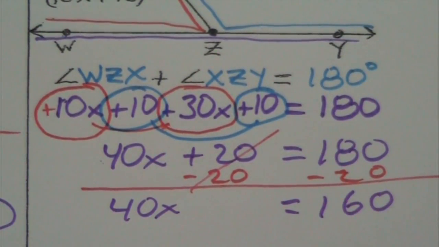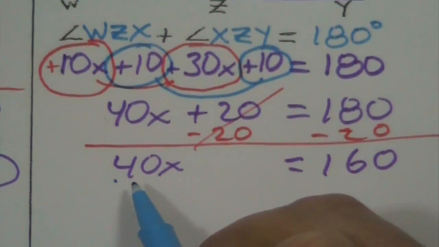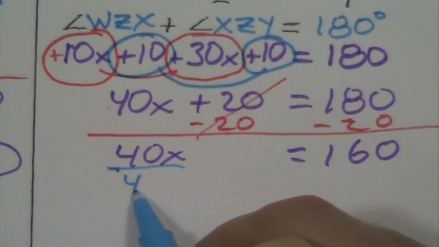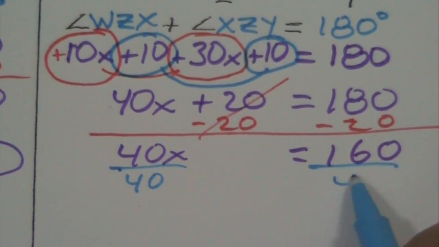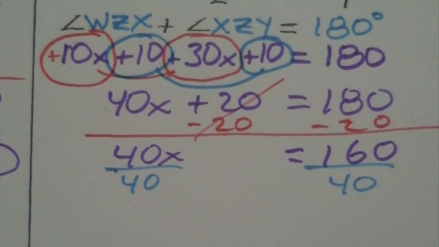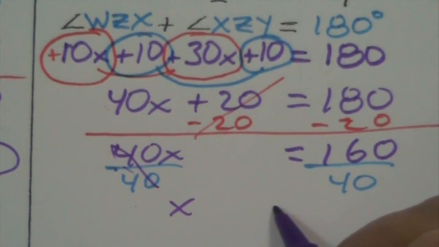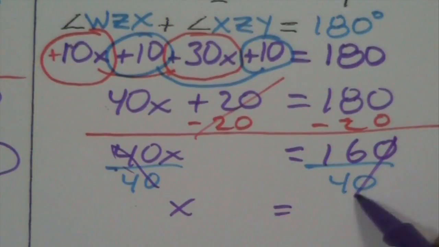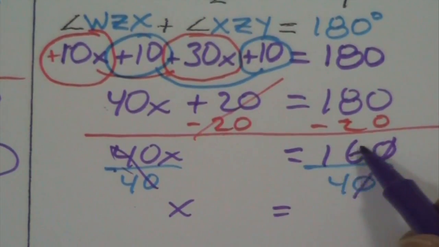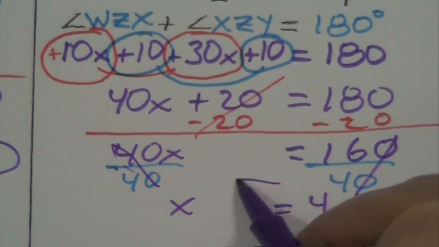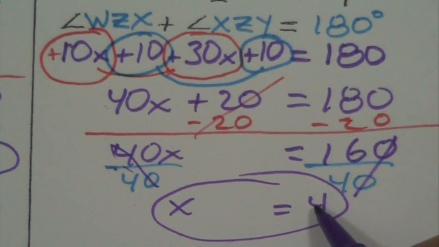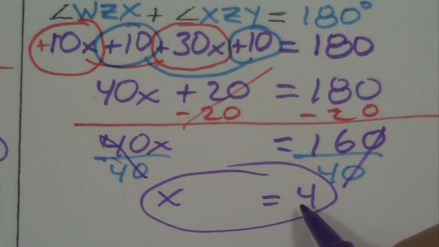You should be able to see your answer, but in case you cannot, you would divide by 40. And you can see that that's gone. That leaves us with x equals, let's see, 4 goes into 16 4 times. So x is 4. Now that's not our answer. That's just what x is.